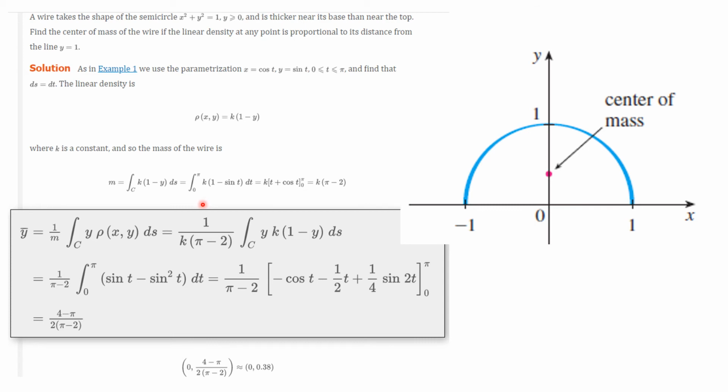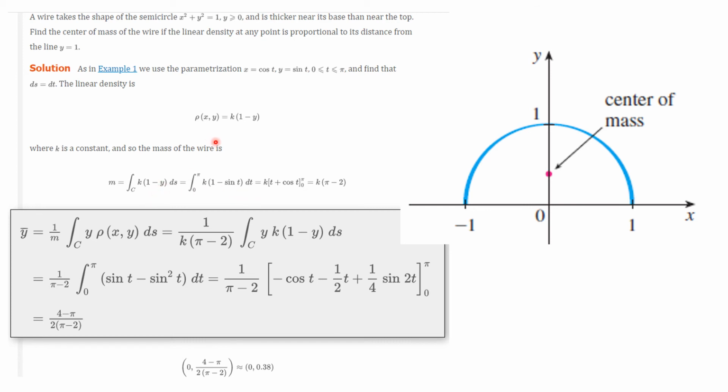And we now make the substitution to integrate that, remembering that this is the semicircle, so y is going to be sine of t. We substitute that in.